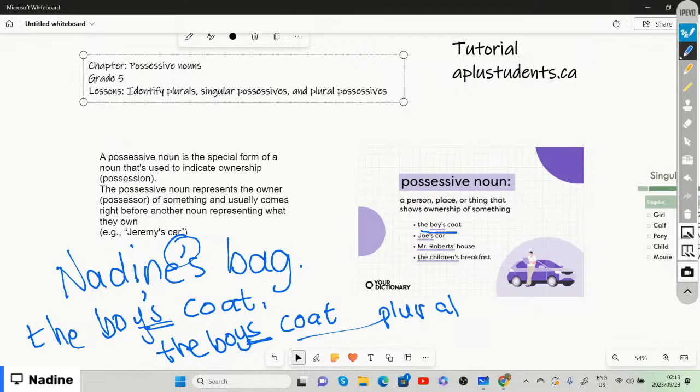They show possession because they are the possessor, like the owner. A possessive noun is a person, place, or thing that shows ownership of something. The boys' coat.